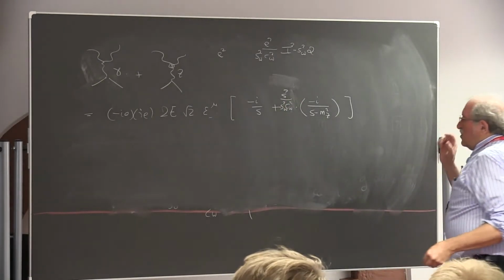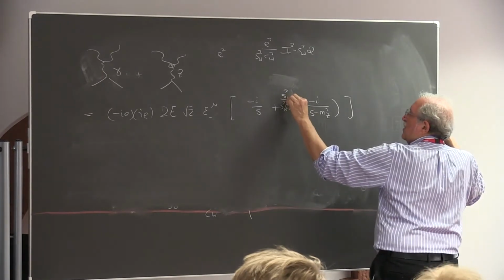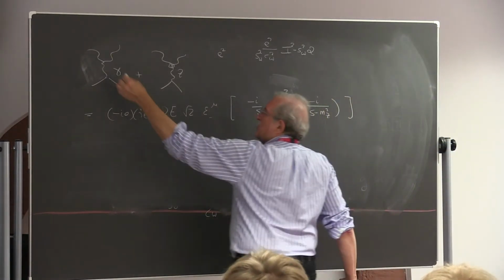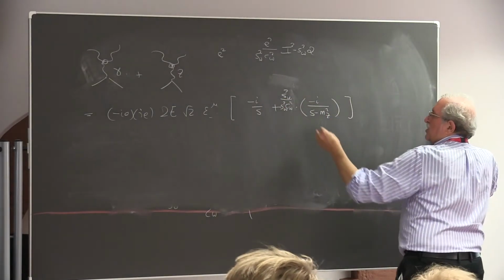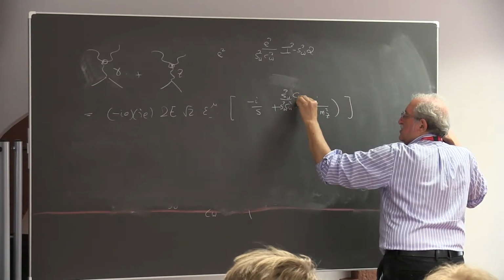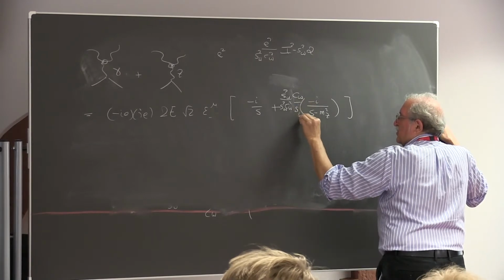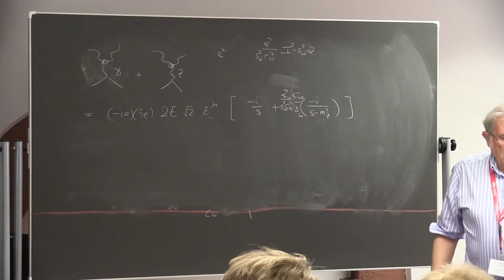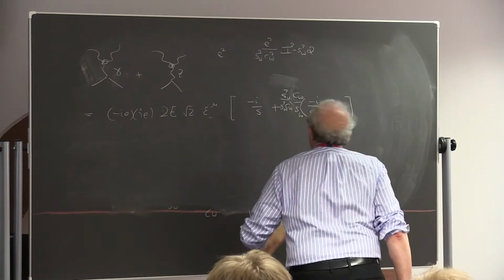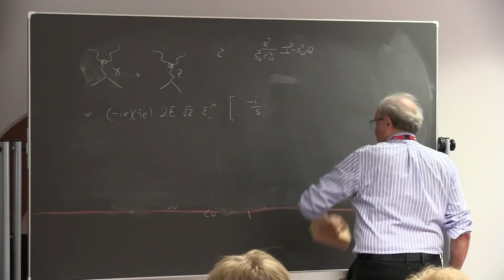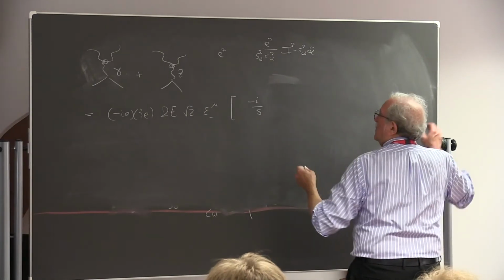And then there's one more interesting thing that appears. If you compare the photon and Z vertices to W's, there's a CW over SW. Ooh. No, I'm sorry. I wrote this extremely badly. Let's try again.